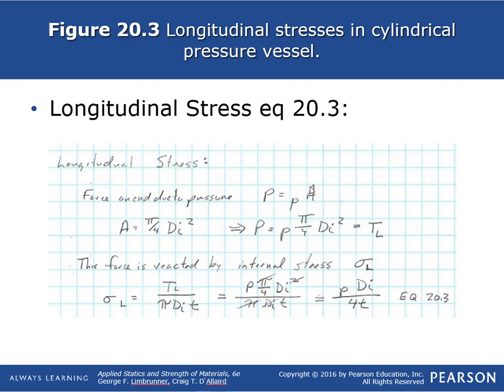The area of the end of that cylinder is pi over 4 times the inside diameter squared. Substituting, P equals pressure times pi over 4 di squared, and that also equals this TL.